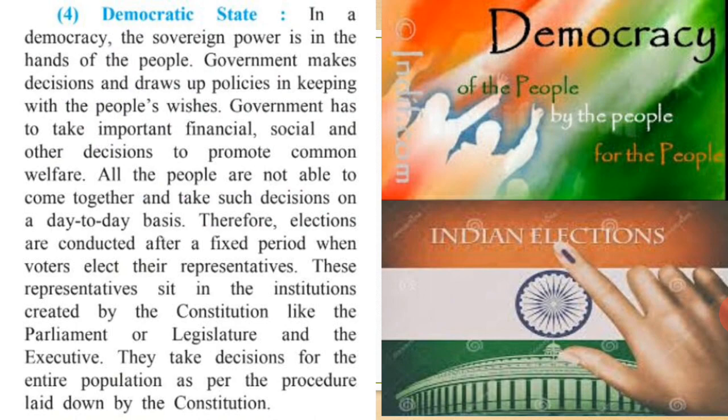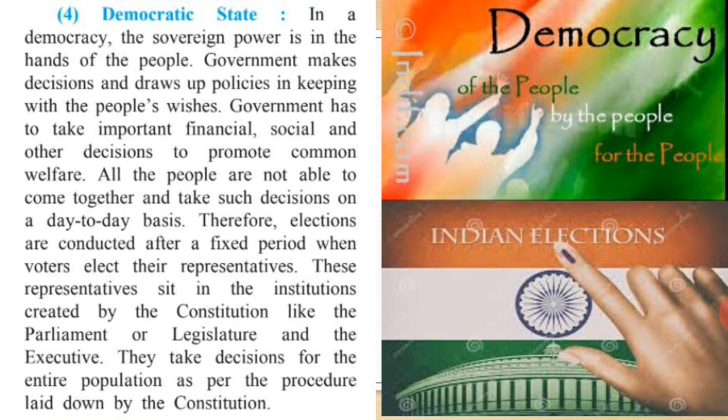So you hear many times the government announces some policies for the well-being of the farmers, or the poor, or the marginalized. These are welfare policies which are taken up for the betterment of people.